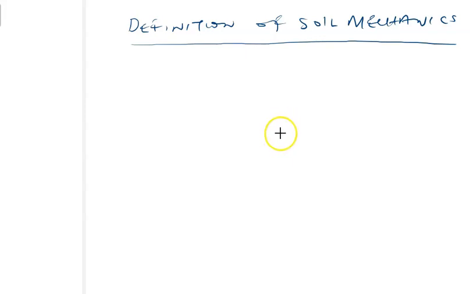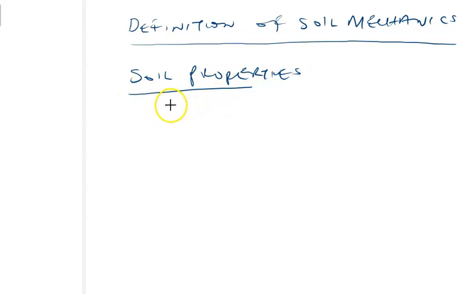So we will start with soil properties. The soil mass usually consists of solid particles with spaces of void in between.